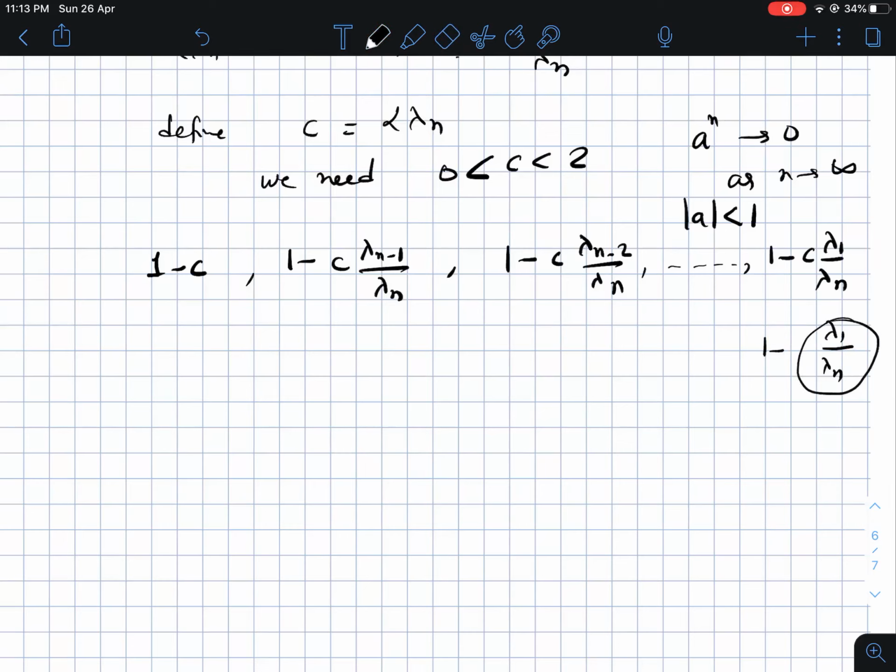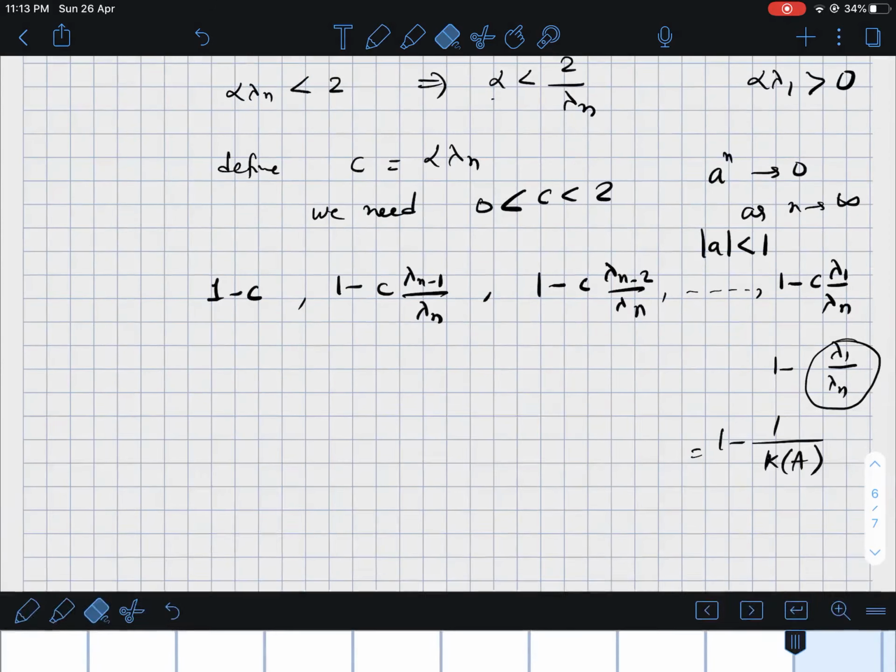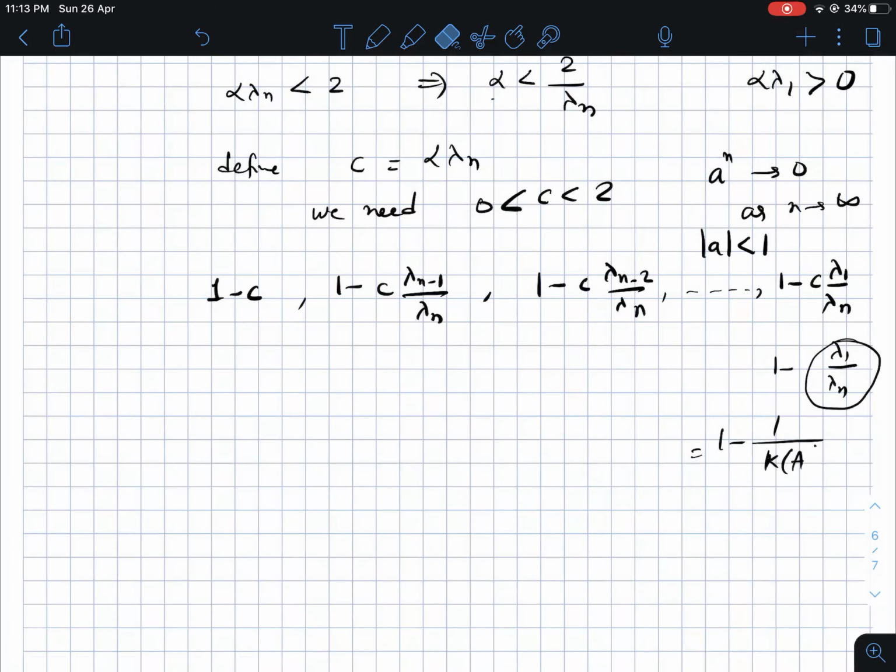What is this quantity here? This quantity here is the smallest eigenvalue by largest eigenvalue. It's actually equal to 1 over the condition number of the matrix A. Condition number of A transpose A, sorry, not A. That's the condition number of A transpose A. Okay, so 1 minus 1 over the condition number of A transpose A.